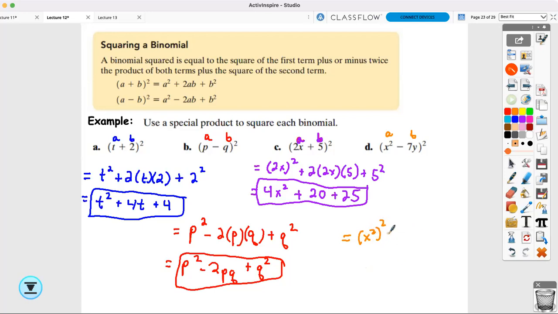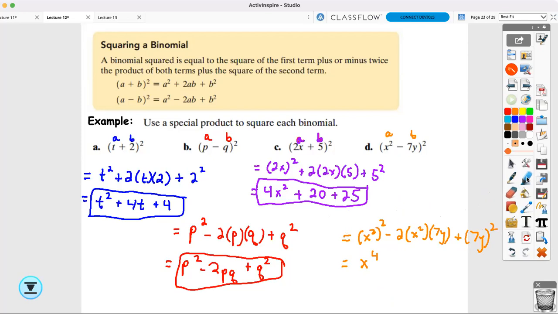So then it's gonna be minus 2 parentheses, x squared parentheses 7y. And it's gonna be plus parentheses 7y squared. Well, for the first parentheses, it's a power to a power, that's power rule. We multiply the exponent. 2 times 2 is 4.